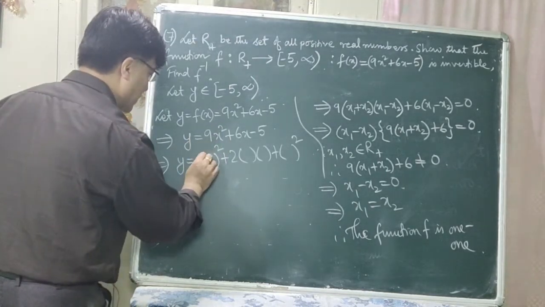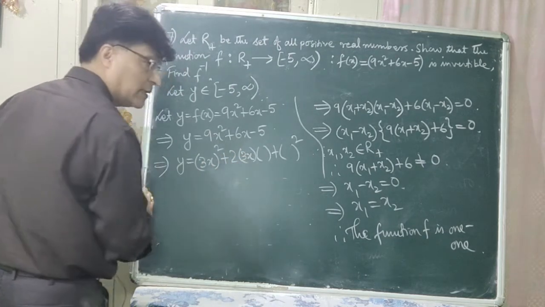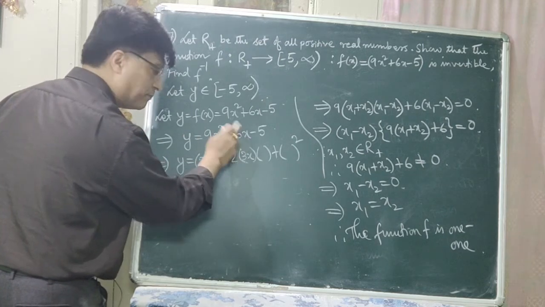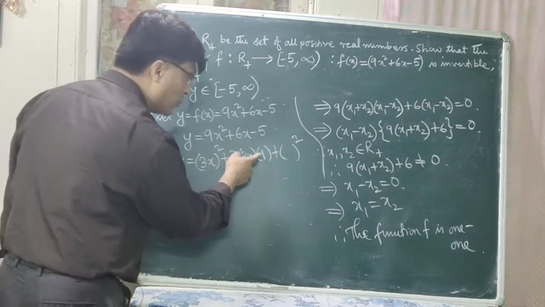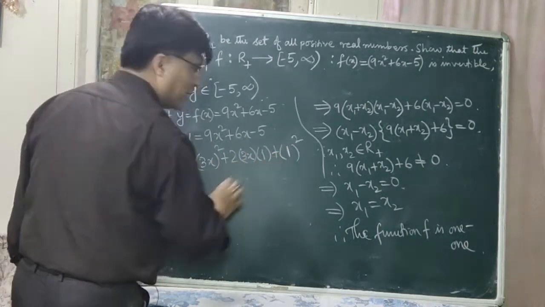This is 9x square, that is 3x squared. So a is 3x. Since this is 6x only, 2 times 3x is 6x, into 1 should be there. By which number will you multiply here to get 6x? 1, isn't it? So it is 1.